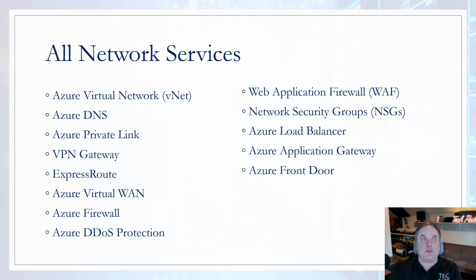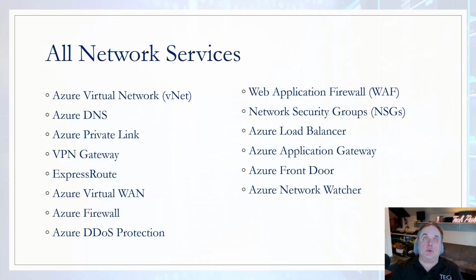And you have Azure Front Door. This is a global, scalable entry point that uses Microsoft's Global Edge network to accelerate, secure, and optimize web applications. Front Door is going to get people access to the website or other applications they need to access much more quickly. Then there's Azure Network Watcher.